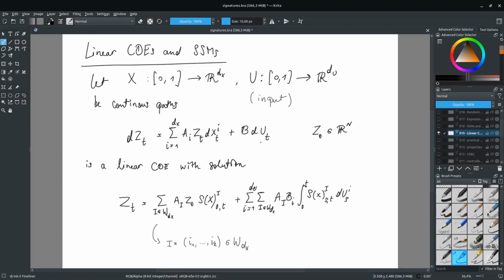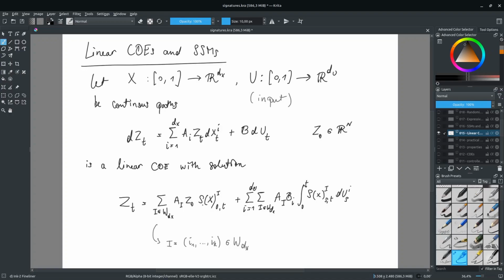We can compute its solution using the signature transform simply as a sum over all the indices. Remember, indices are simply the k-tuples for all k in N, so any tuple of the indices I might want.